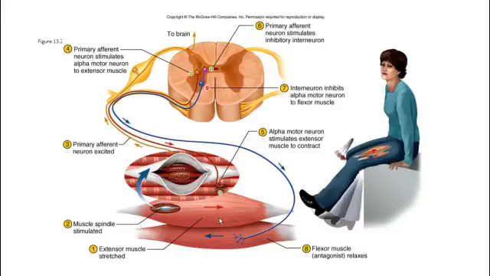Again, in normal function, we can look at the levels of this response to see if there is damage. If someone does have damage to the central nervous system, this response will be greatly exaggerated. If somebody has damage to the peripheral nervous system, it'll be greatly dampened.